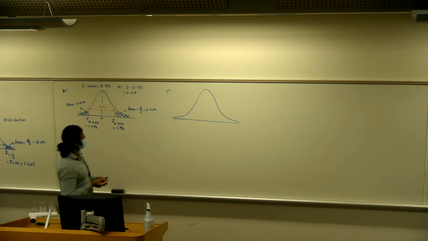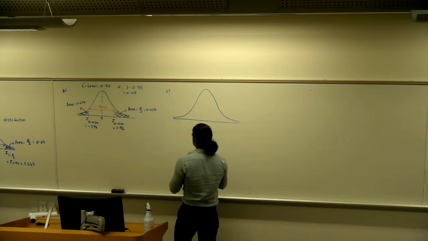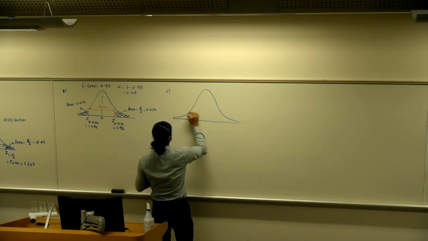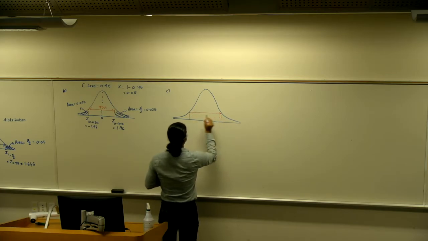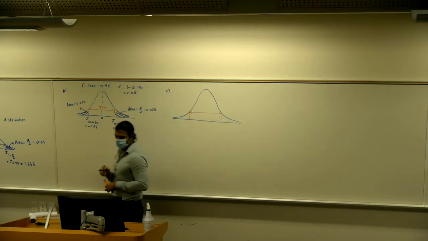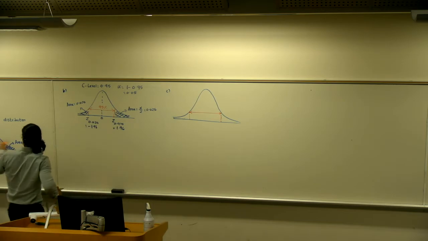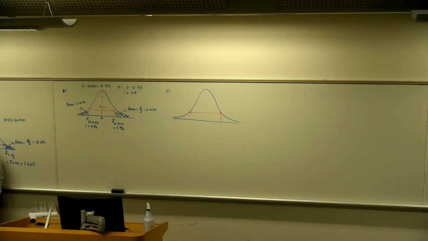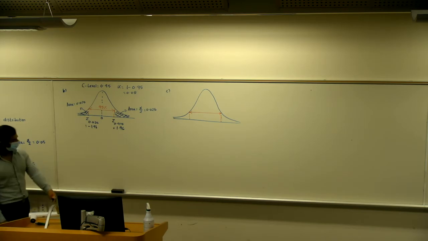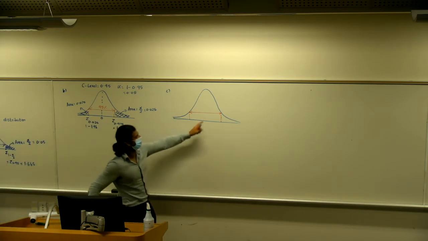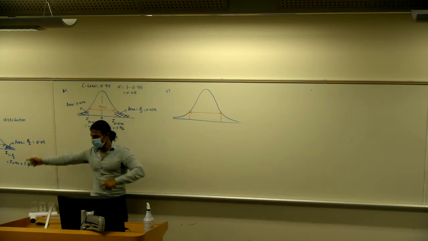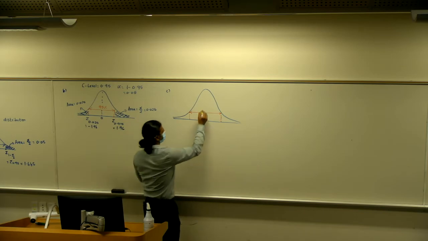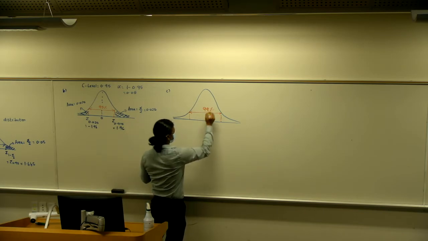The last case. What is the amount of confidence in the middle? Is it 0.01, 1%? No, that is the value of alpha. If alpha is 0.01, what is the amount of confidence? 1 minus that, so just 0.99, in other words, 99%.